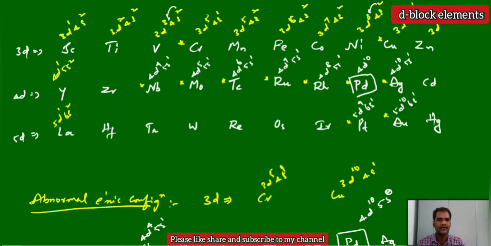Then the regular electronic configuration and abnormal electronic configuration with respect to the d orbital in the case of niobium, molybdenum, technetium, ruthenium, rhodium, silver, gold, platinum, copper and chromium: in these elements you can see only one electron difference between the regular, expected and abnormal configuration. But in the case of palladium, there is a two-electron difference; actually 4d8, but we have the 4d10 configuration.